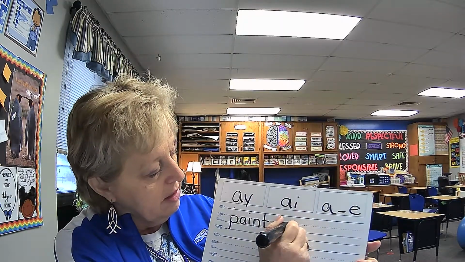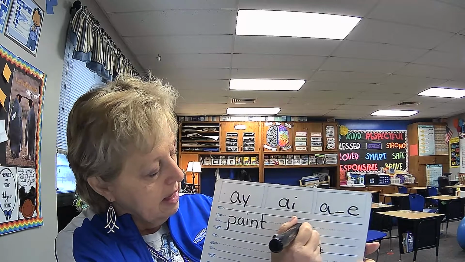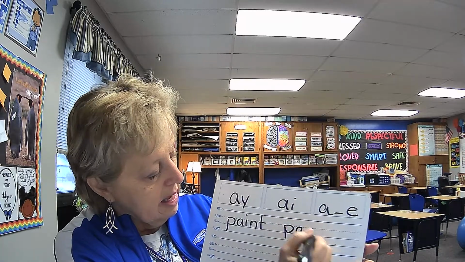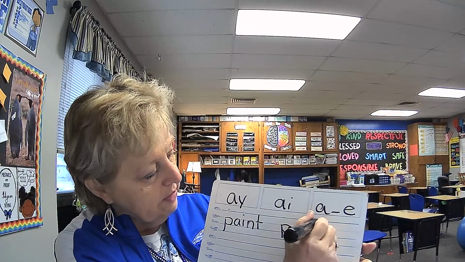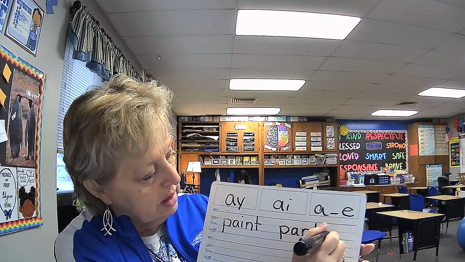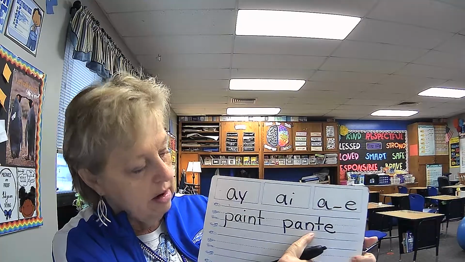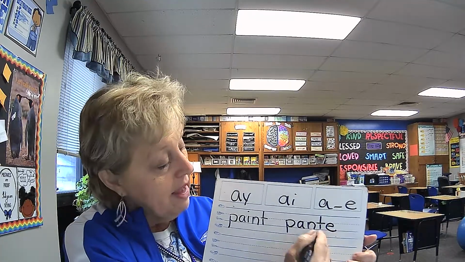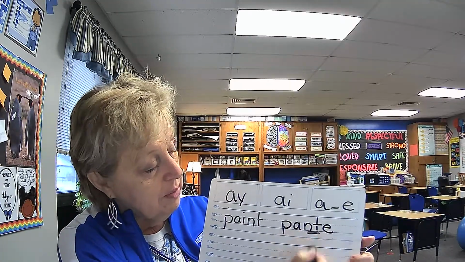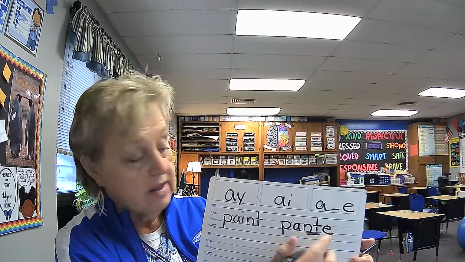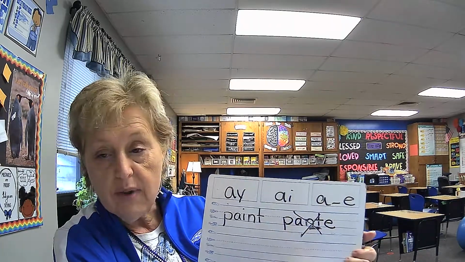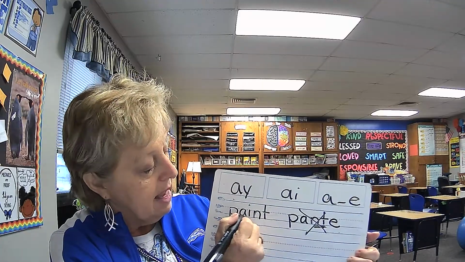And let's write it the other way. P, A. Oh, look at this. We have two consonants right here. Since we have two consonant sounds here, boys and girls, we cannot use the A consonant E. So the correct way to spell this is P-A-I-N-T.